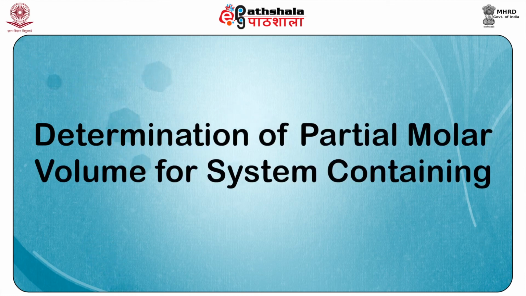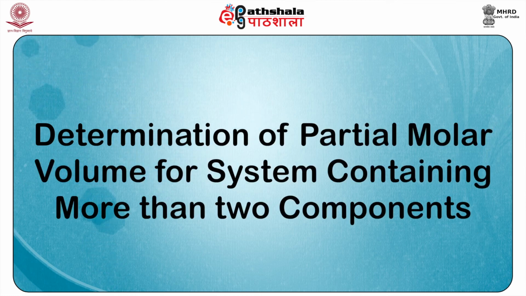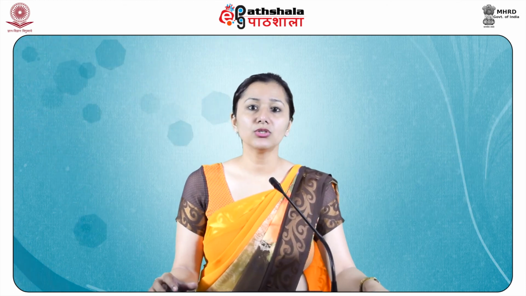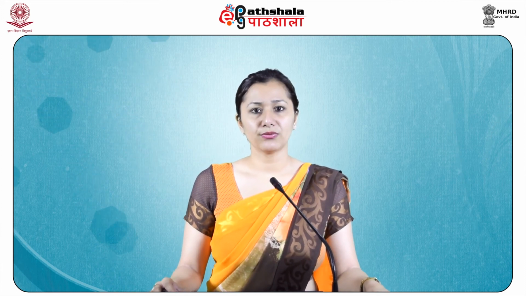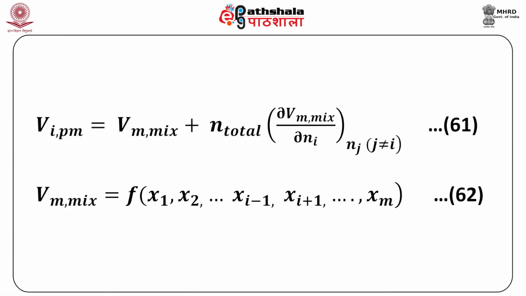Now we shall see the determination of partial molar volumes for a system containing more than 2 components. Suppose the solution comprises more than 2 components, let M. Then from equations 49 to 54 we come to the conclusion that ViPm equals Vm mix plus N total into dVm mix by dNi at constant Nj, where j is not equal to i.